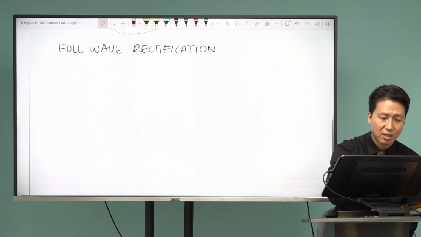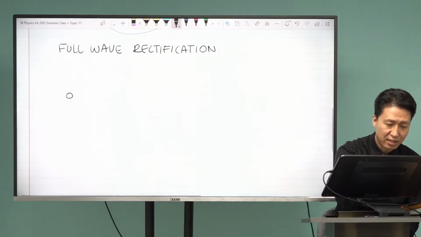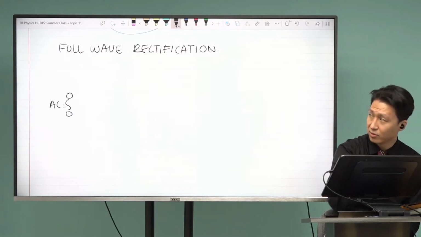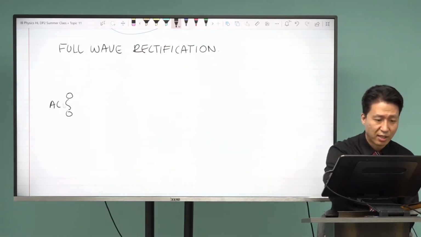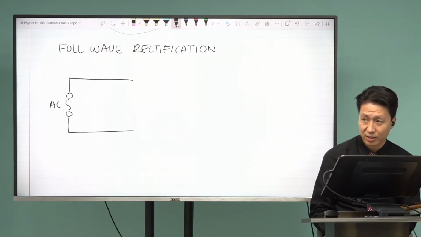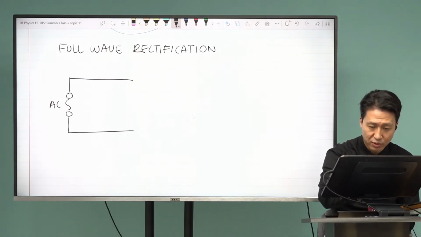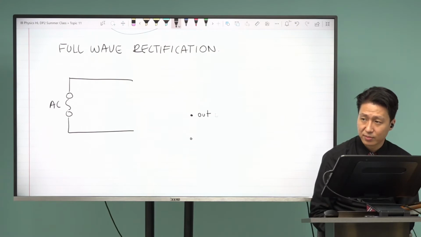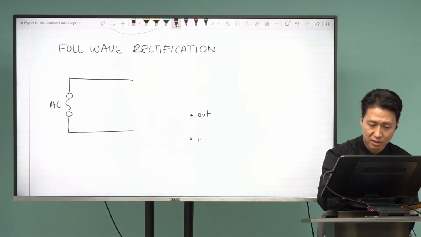And you have, again, the AC current, right? We have connections, right? And we want to go to the output, right? This is out, right? This is the in, so like the plug.